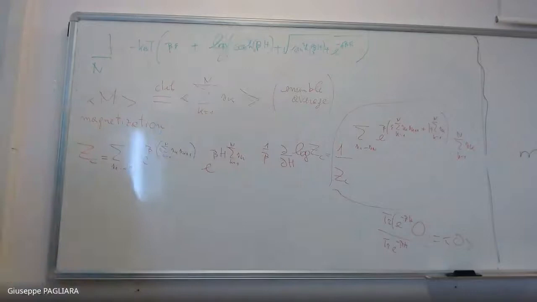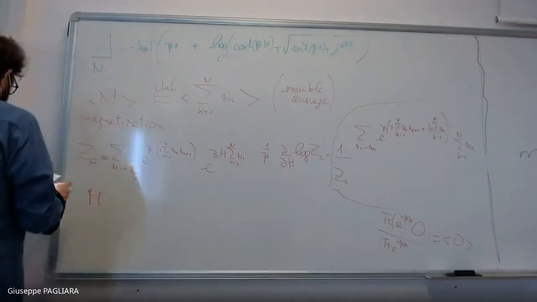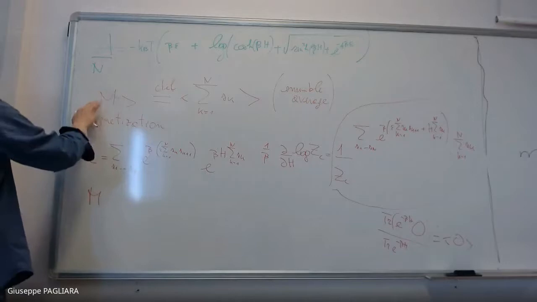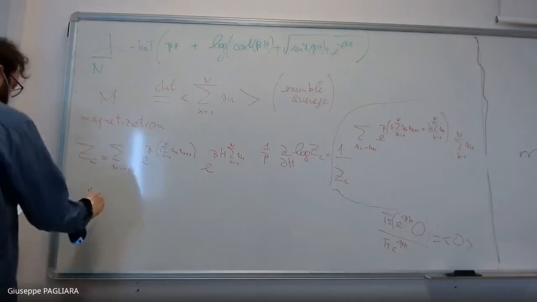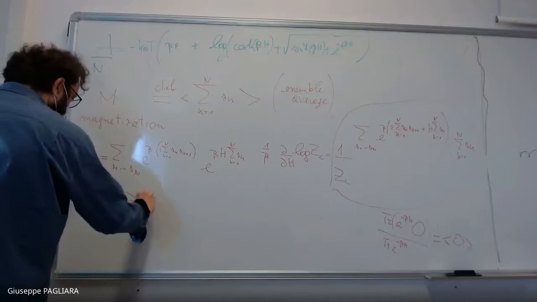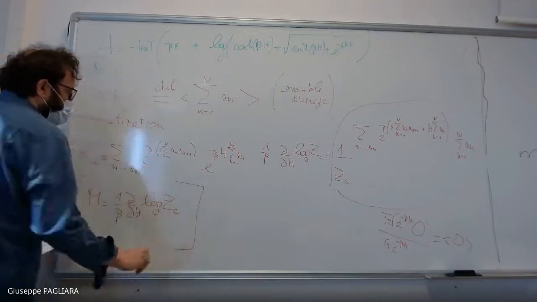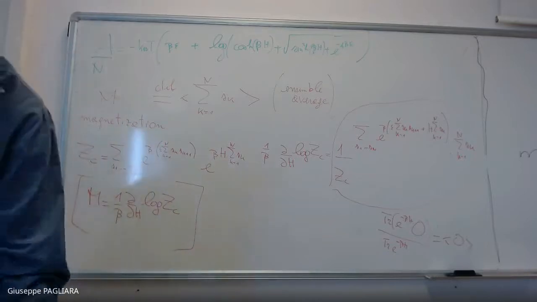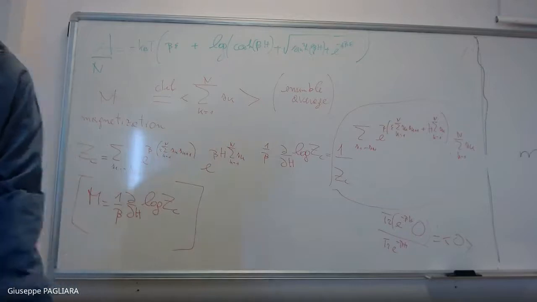So M, the average magnetization, is just 1 divided by beta times the derivative with respect to H of log of Z_C. So I can compute this magnetization by just taking the logarithm of the canonical partition function, then deriving with respect to H.